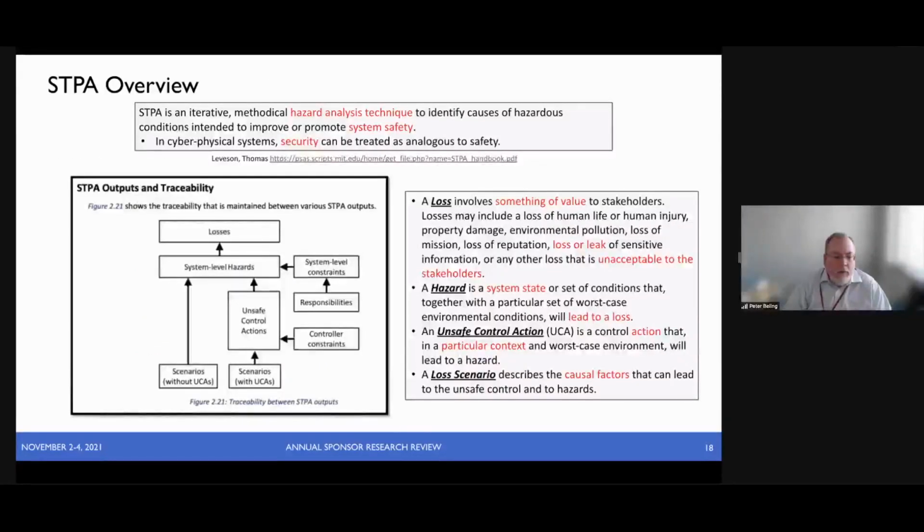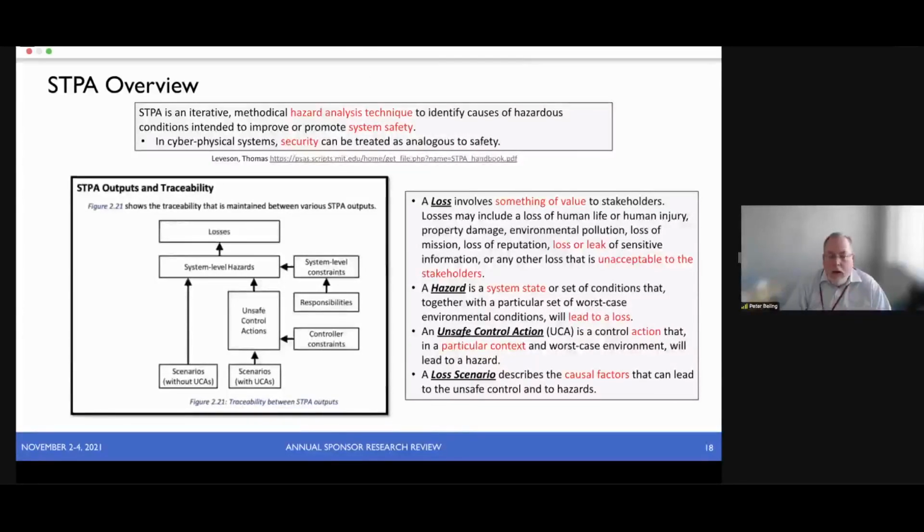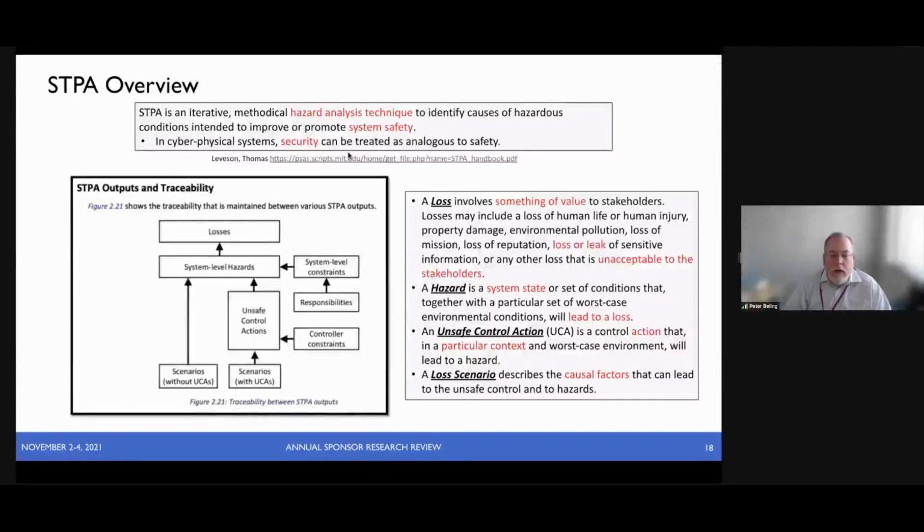So remember, we're combining three things to get to mission aware: the MBSE foundation, the notion of STPA, and our resilience concepts. STPA is a methodology from the safety community, developed and popularized by Nancy Leveson and others at MIT.